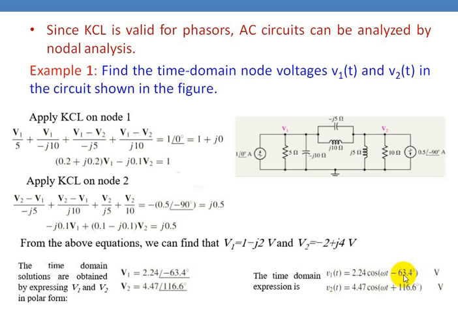The minus sign indicates this vector is lagging behind the reference vector by 63.4 degrees. So with respect to the reference line, you can draw a phasor for V1 making an angle of 63.4 degrees in the clockwise direction. V2 of t is 4.47 cos of omega t plus 116.6 degrees. That is, V2 is leading the reference vector by 116.6 degrees.